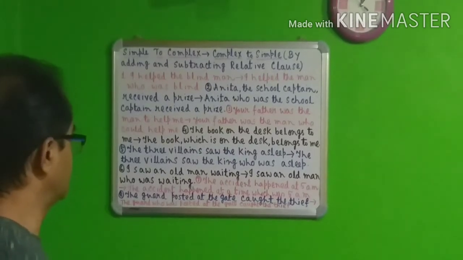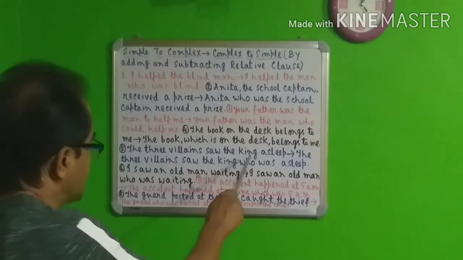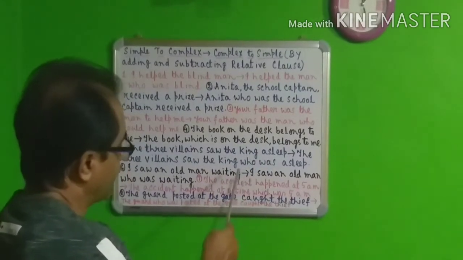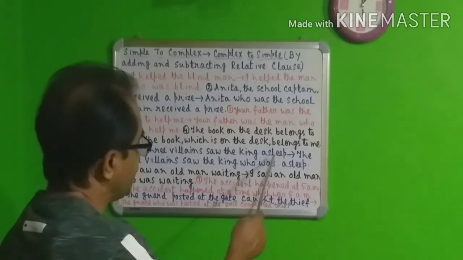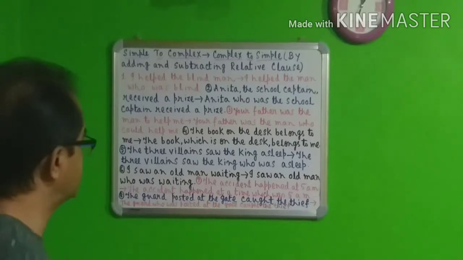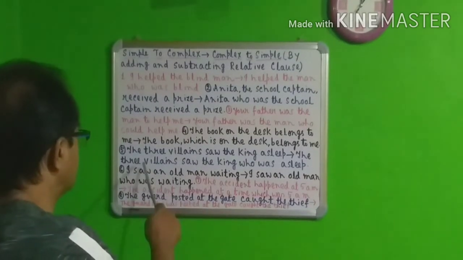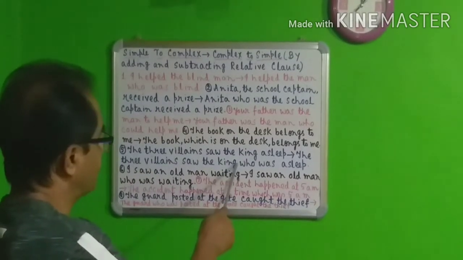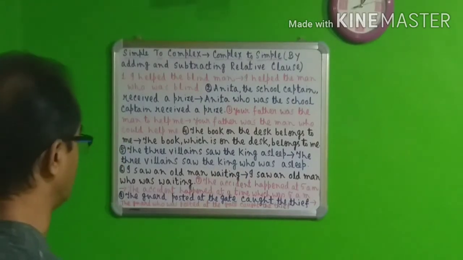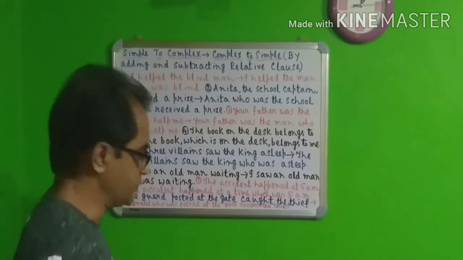We have chosen the noun king and we put a clause. We changed asleep into who was asleep, and now the sentence has become a complex sentence because one part is the main clause: the three villains saw the king. Up to this point is the main clause. Who was asleep is the subordinate clause or dependent clause.